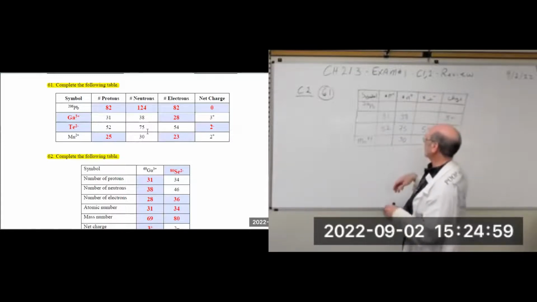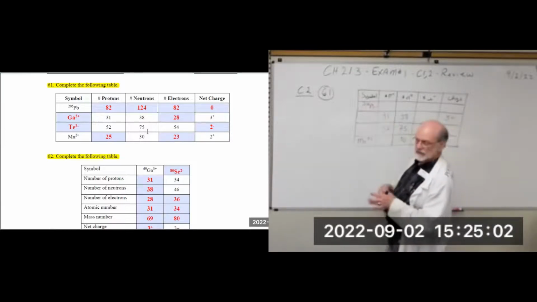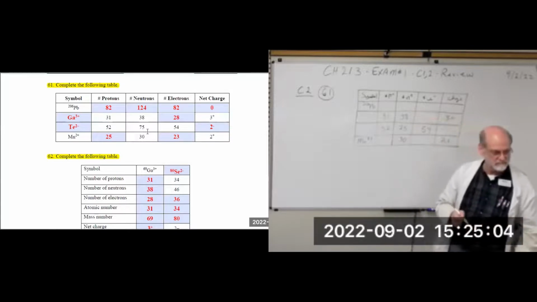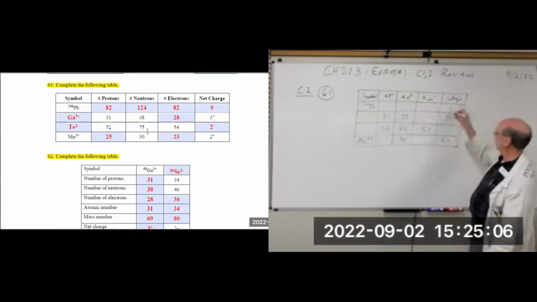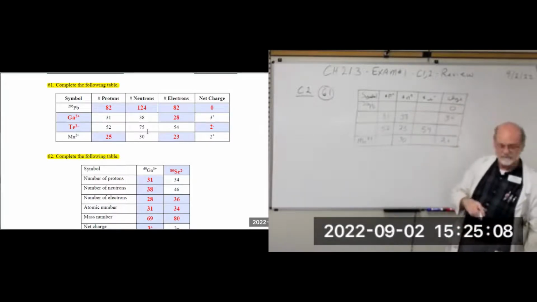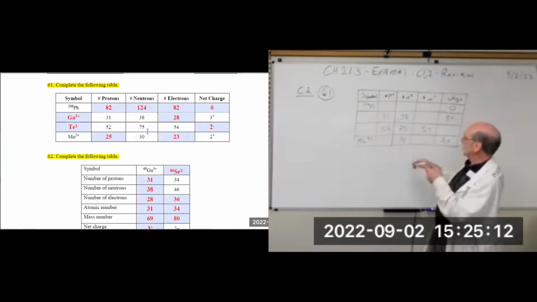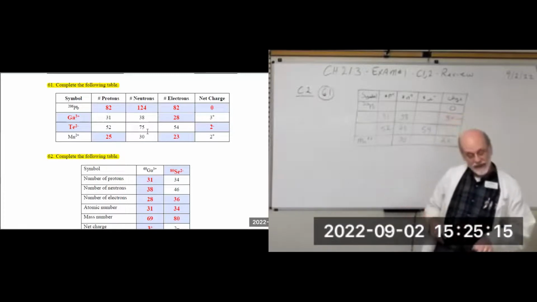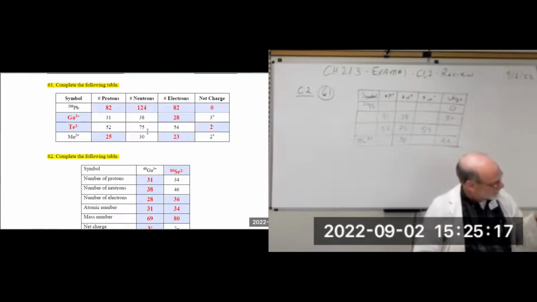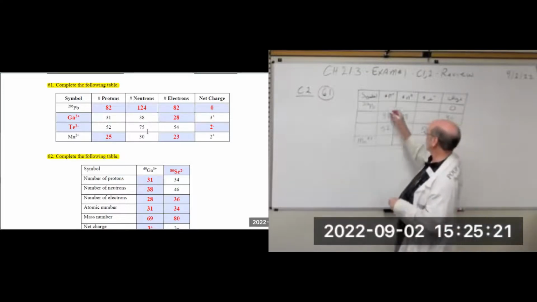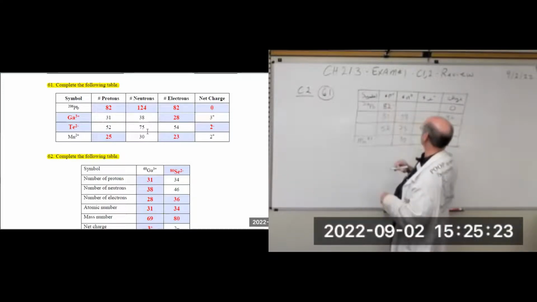Okay, how about this one? Does it have a charge? Nope. No charge, because it's not given. How about the number of protons? Well, now you got to go look. Lead, Pb. 82 protons, right? 82 protons.